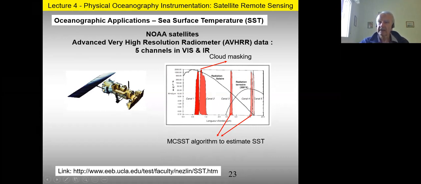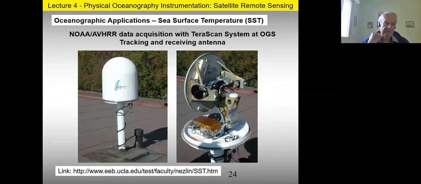It's important again that we have to take into consideration that the clouds represent noise to the measurements of the sea surface temperature, because they have their own transmission, and the signal transmitted from the clouds has to be removed from the signal received from the sea surface temperature.